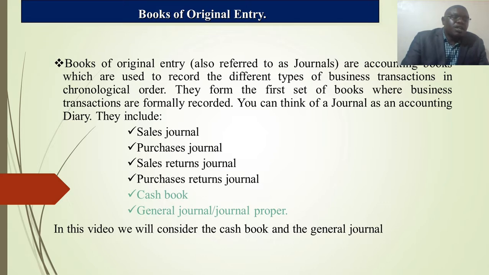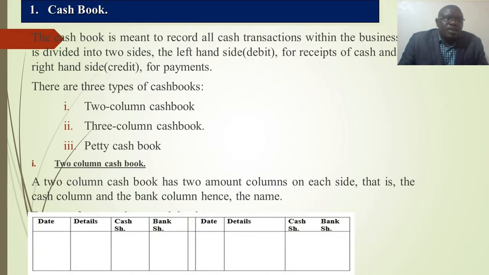So let us start by looking at the cash book. The cash book is a book of original entry where transactions involving cash within a business are recorded. So this is the book which will be used to record cash payments and all cash receipts within the business.